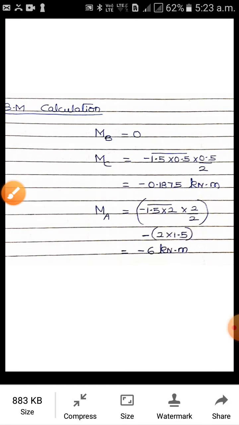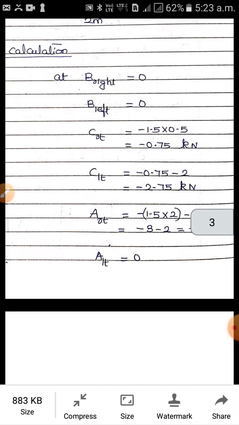So minus 1.5 into 0.5 is the intensity of load into 0.5 by 2, which is minus 0.1875 kilonewton meter. So shear force kilonewton, bending moment kilonewton meter. So load into distance. So kilonewton dot meter or kilonewton into meter, not kilonewton per meter. What is the meaning of kilonewton per meter? For 1 meter it is some intensity. Okay. Now we'll see point A.